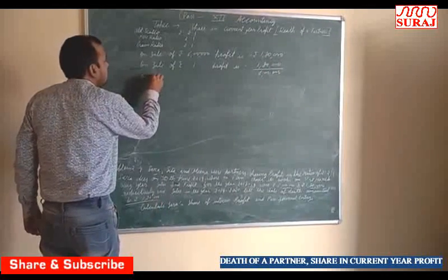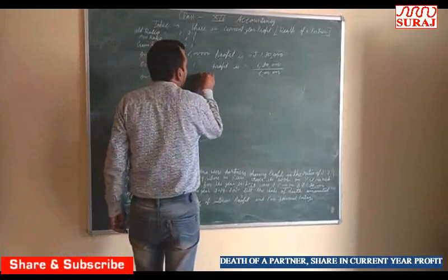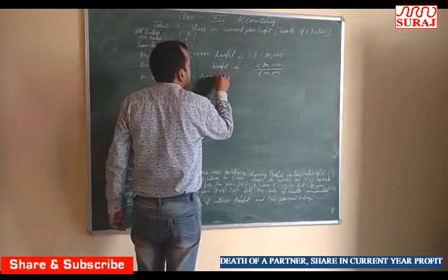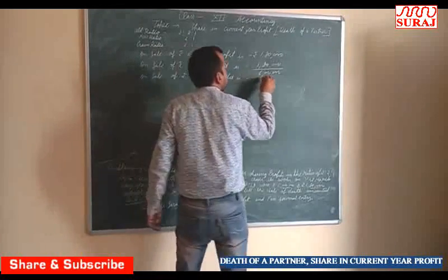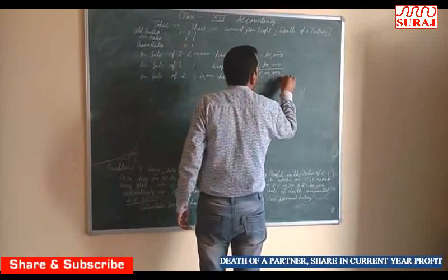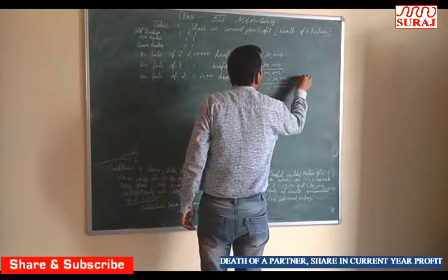On sale of ₹1,20,000, profit is 1,80,000 divided by 6 lakh into 1,20,000.